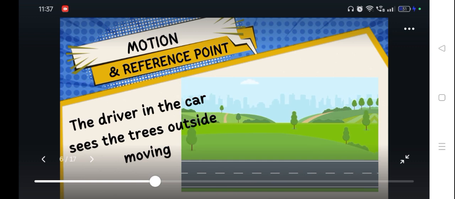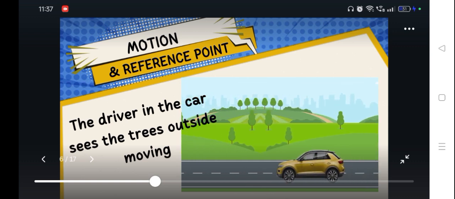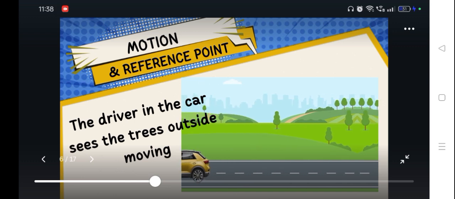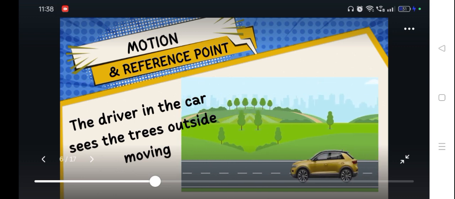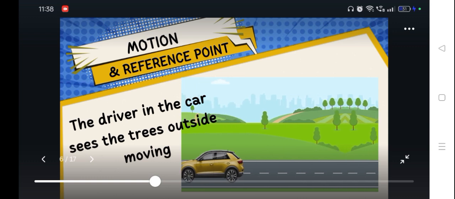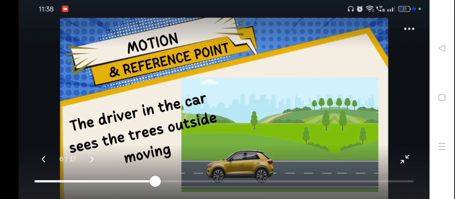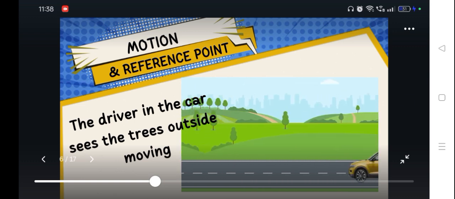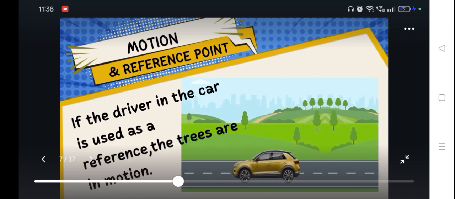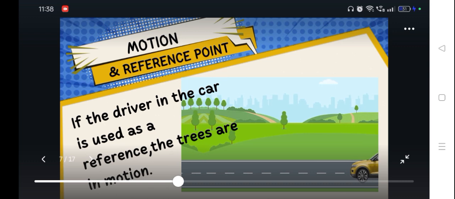If we are going to consider the driver in the car as our reference, then relative to the driver inside the car, he sees the trees outside moving. Yes, that is because we are using the driver as our reference point.